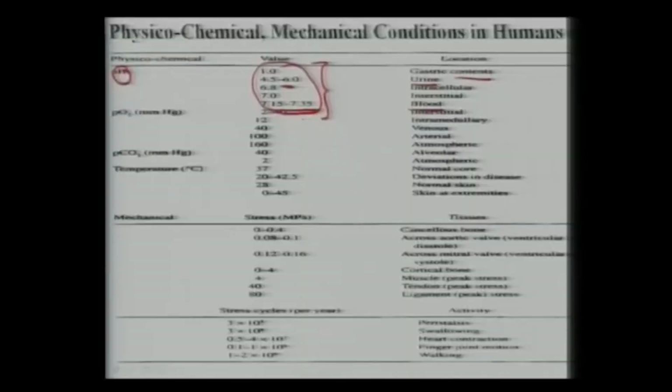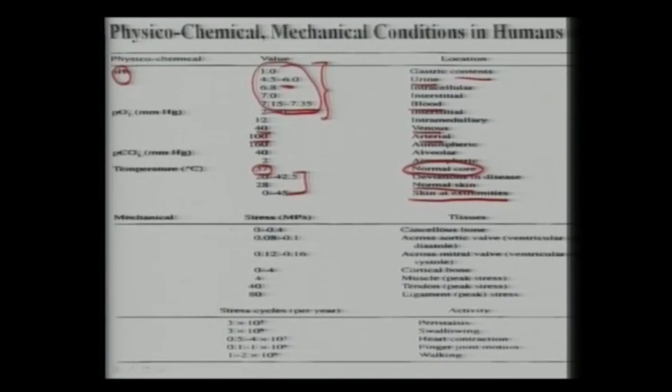Now, coming to the PO2 level, in the venous and the arterial region you have a very high PO2 level, and the temperature is also 37 degrees Celsius, because that is the normal core temperature of a human body. But there is a fluctuation in this temperature, like skin at the extremities can go from 0 to 45 degrees Celsius, normal skin is at 28 degrees Celsius.